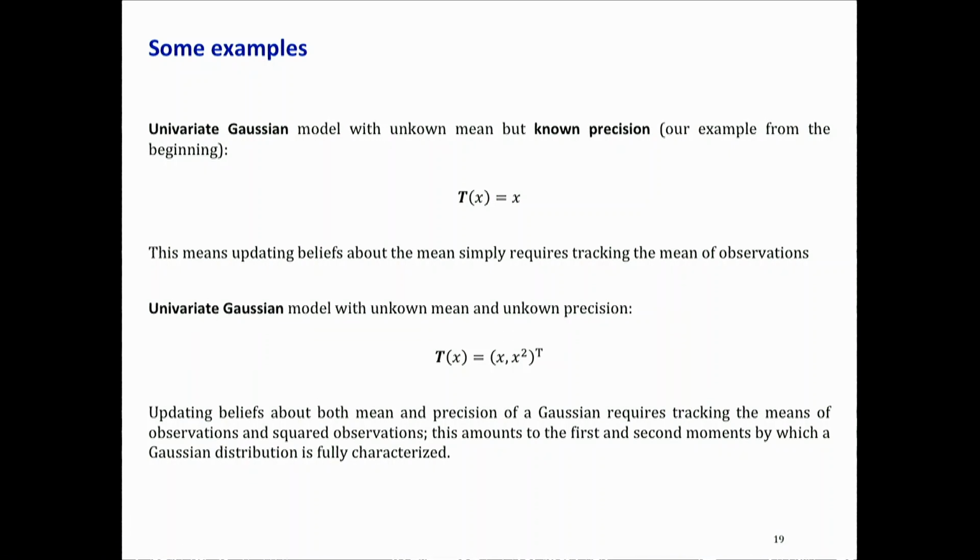But this is all we need to do. If we have a series of observations and we want to fit a Gaussian to this, we need to track the mean of the observations using our mean updating formula, and we need to track the mean of the squares of our observation also using the exact same mean updating formula.